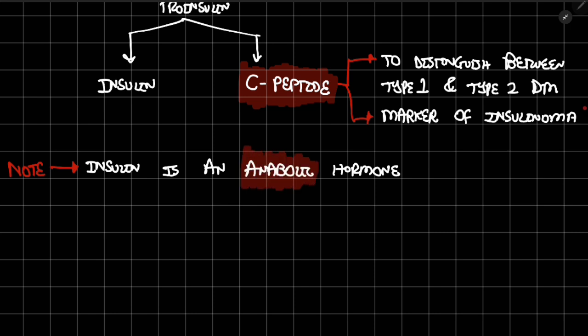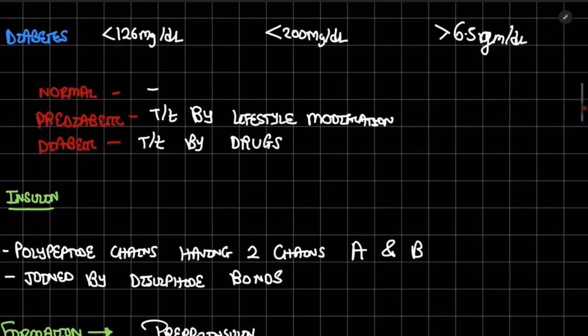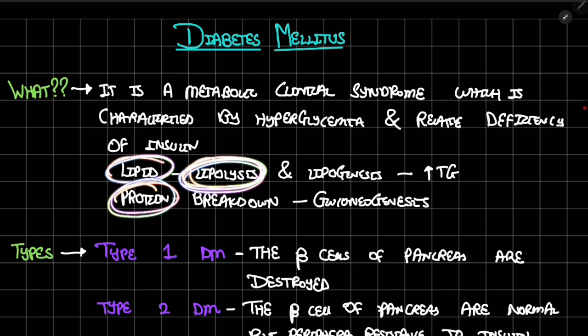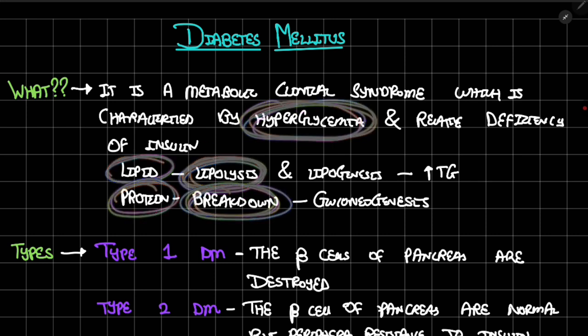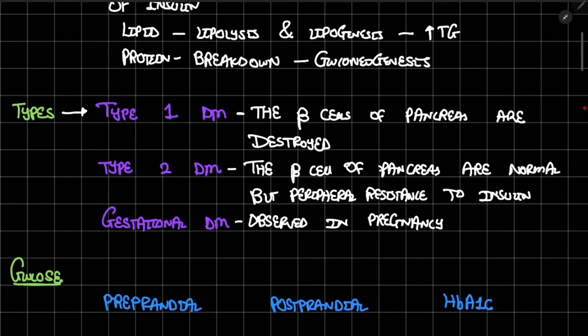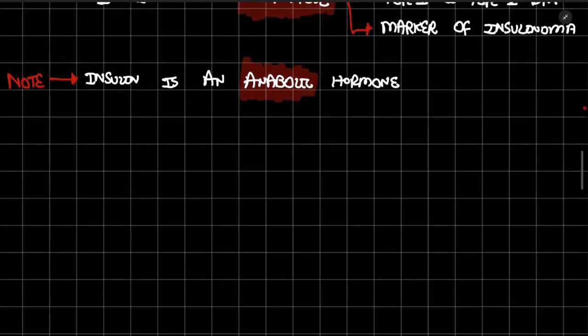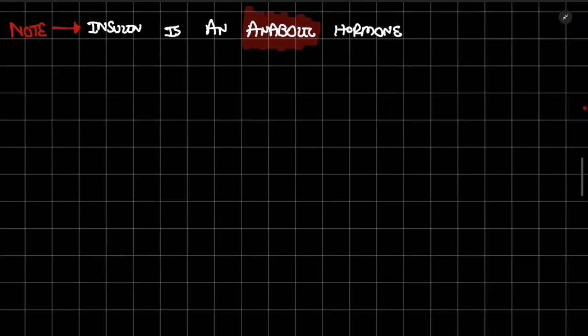It means to join, and catabolic means to cut. Since it is an anabolic hormone, don't you think that the features we have shown earlier, like lipolysis, protein breakdown and hyperglycemia, will be reversed? Yes, insulin basically reverses these effects, and it is an anabolic hormone.